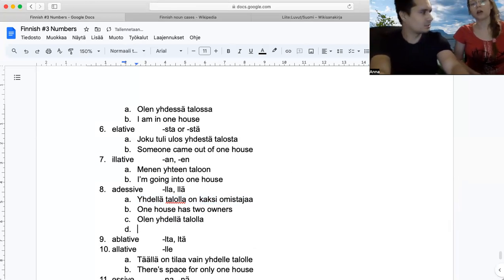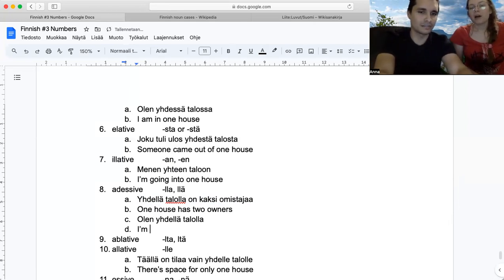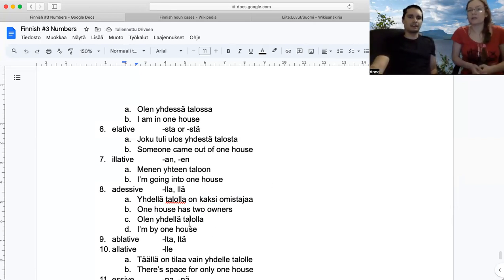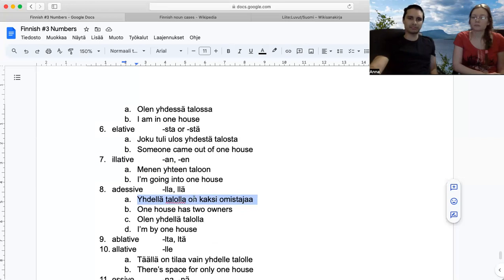What about this? Do you know how to? Olen yhdellä talolla, it's I'm by one house. Yeah, so I'm near one house. Yeah, I wanted to include both of these because the ownership thing is important, the adessive plus on. And I also wanted to have in this section the same sentence, yksi talo, one house, and show how it changes.